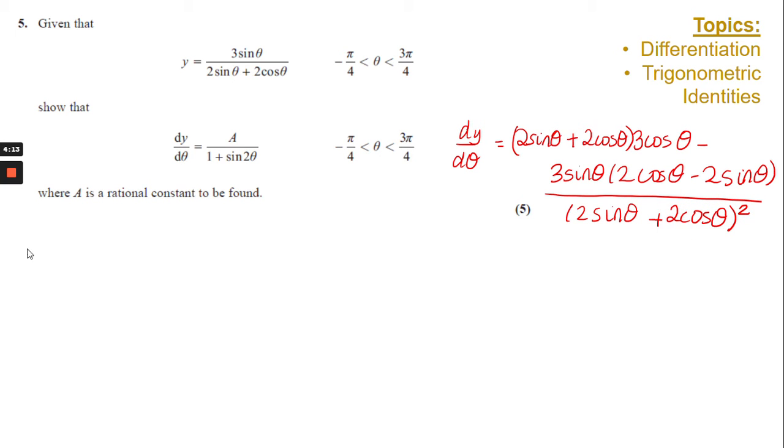Okay, so now let's start by simplifying this. If I multiply this out, first one, 2 sine theta times 3 cos theta gives me 6 sine theta cos theta. Multiply it with the next one, gives me plus 6 cos theta squared.